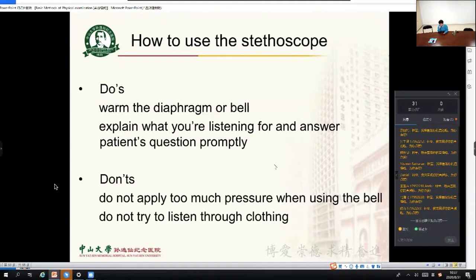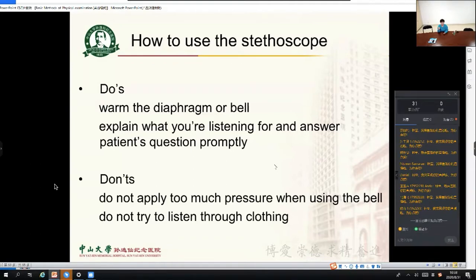And if you are a male doctor listening to the heart sounds of a female patient, you need to have another colleague with you, a female colleague. This is the better thing to do. So explain what you are going to do with your patient and answer the patient's concerns promptly when you perform auscultation.